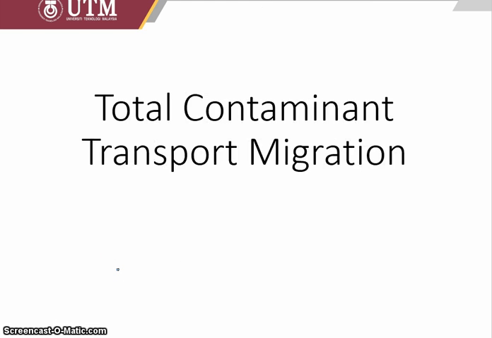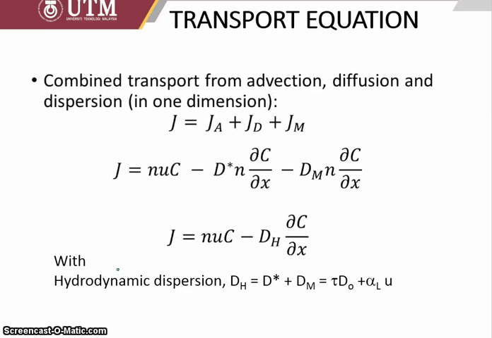Okay, we already know that we learned about advection, diffusion, and also dispersion just now. All of these transport manners can actually be totaled up as the total contaminant transport migration. So the transport equation can combine advection, diffusion, and dispersion, and we just consider one dimension to discuss.